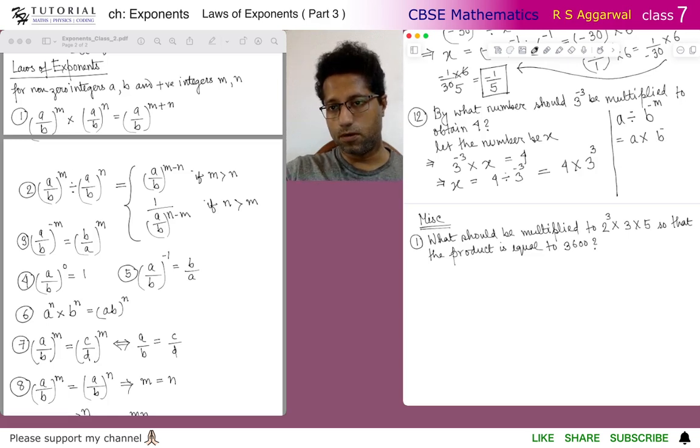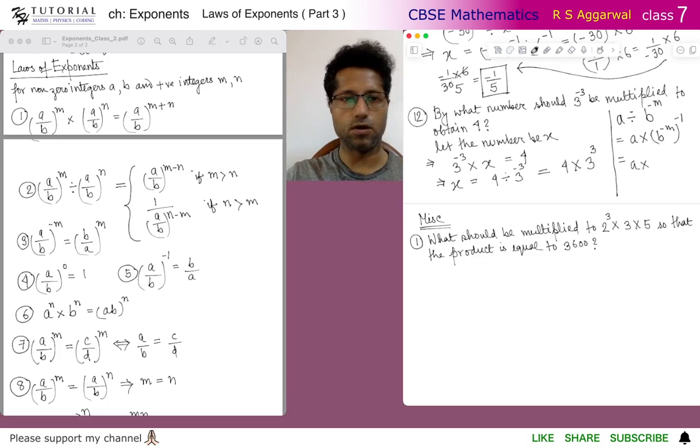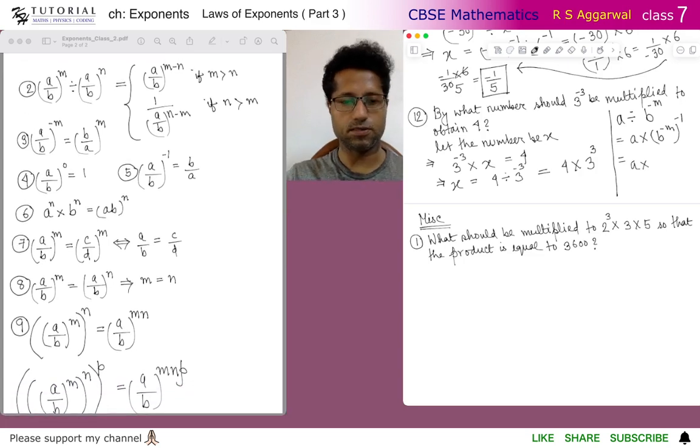This is a multiplied by b to the power minus m, all to the power minus 1, and from the laws of exponents, we can apply law number 9.